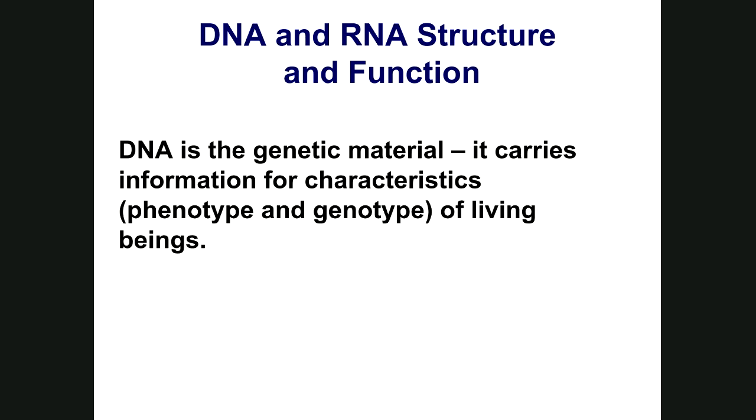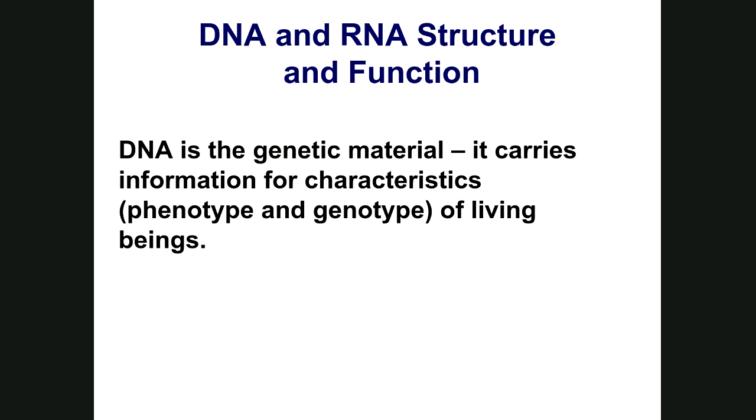So DNA is the genetic material. That means DNA has the gene, and this gene carries all the genetic material from generation to generation, like from our parents to us, like my skin color, my eye color, my behavior, my characteristics.